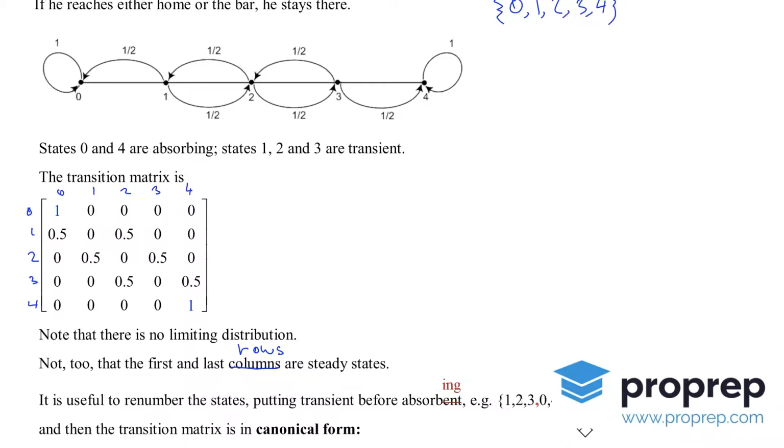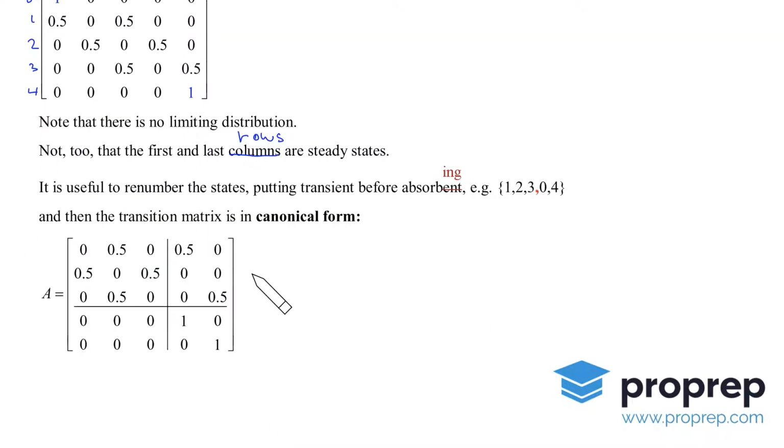Transient before absorbing. And then the transition matrix is said to be in canonical form. And here's the canonical form. The first three states are 1, 2, 3, and the last two are 0, 4.